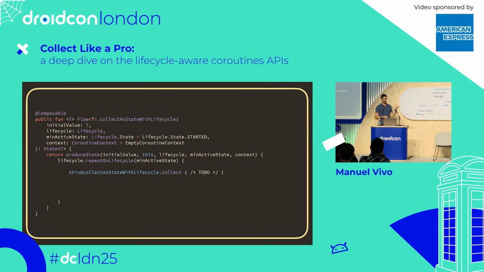Inside it, we call, again, very similar to the flowWithLifecycle API, repeatOnLifecycle, we pass in the min active state, and with the collect function, the lambda there is going to assign the value that we get from the flow, and we update the produceState value.